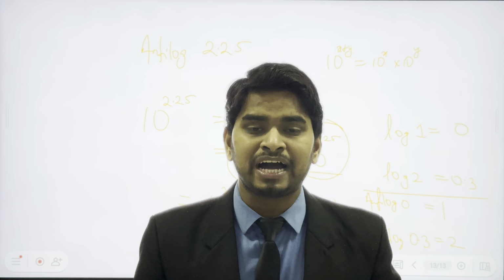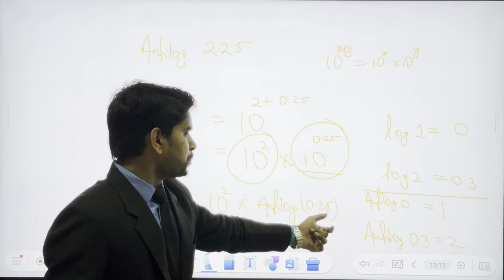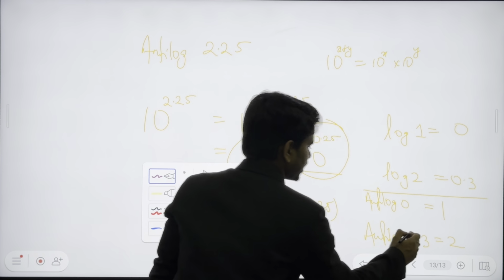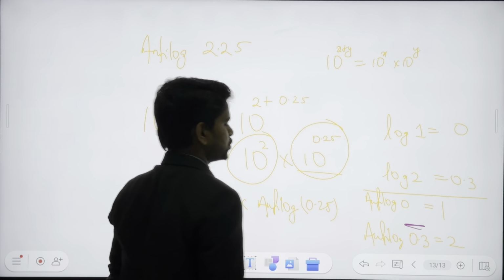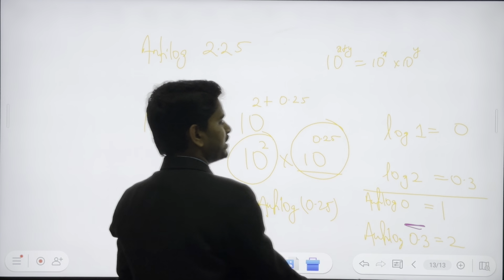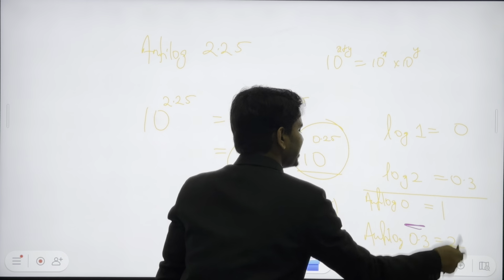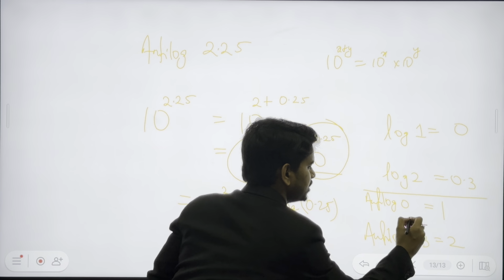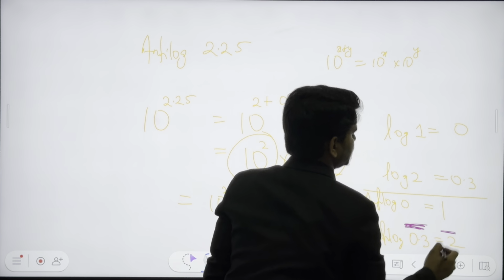0.25 is more than 0 and less than 0.3, and that's why we can say that anti-log 0.25 will have a value between 1 and 2. Since 0.25 is near 0.3, the value will be near 2.